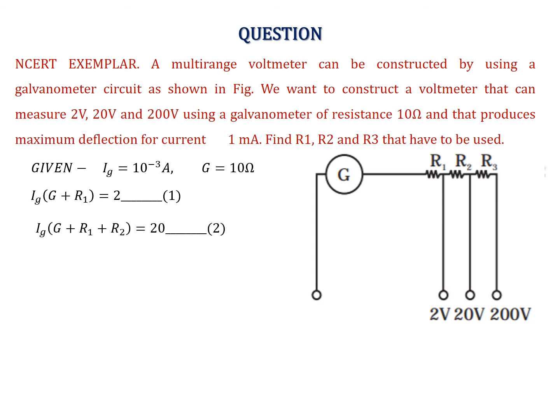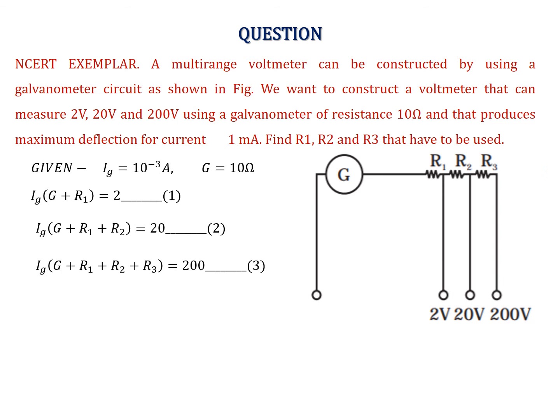Similarly, for 20 volts, the equation will be Ig within bracket G plus R1 plus R2 is equals to 20. And in the third case for 200 volts, we will have Ig within bracket G plus R1 plus R2 plus R3 is equals to 200 volts.